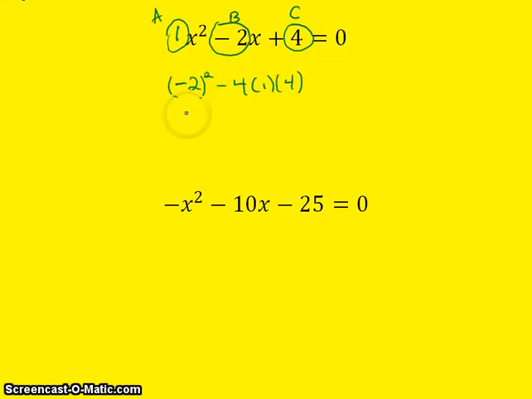So negative 2 squared is 4 minus 4 times 4 is 16. So we get negative 12. That means there are no real solutions. The discriminant is negative, so there are no real solutions.